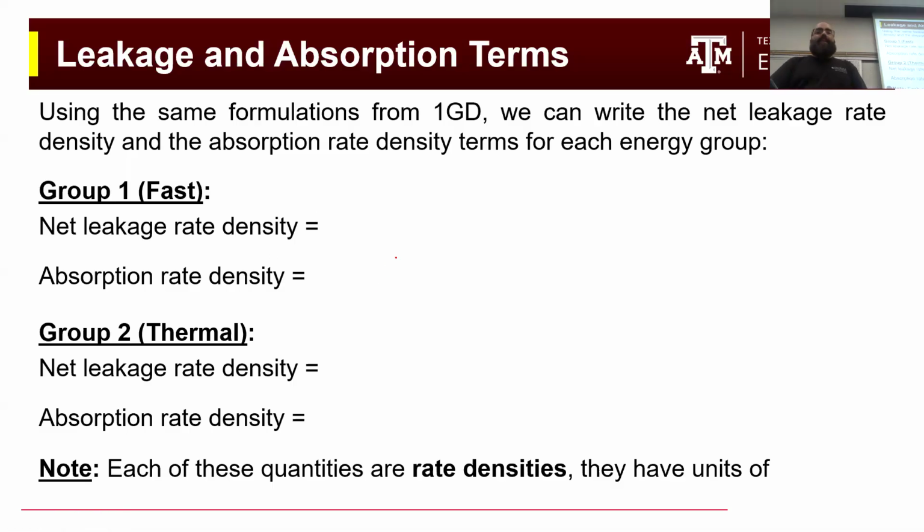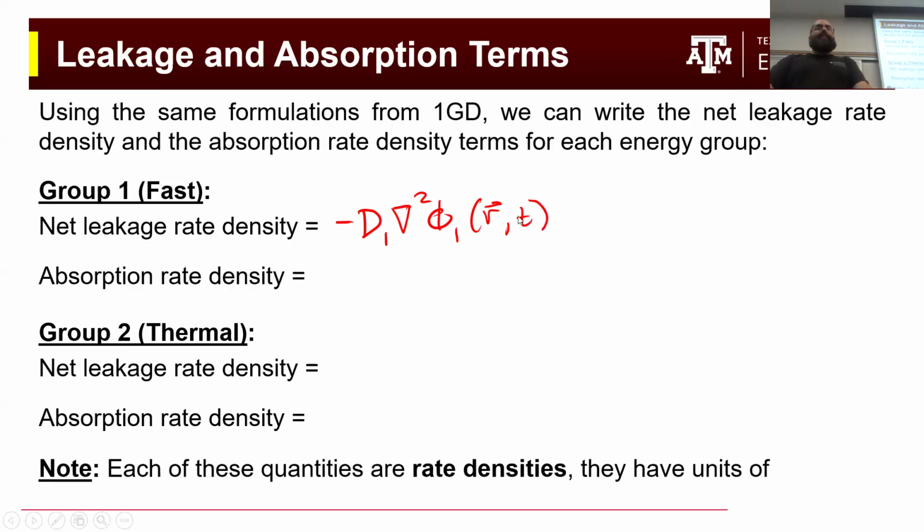The net leakage is going to look just like the net leakage term in our one group diffusion equation: minus the diffusion coefficient, and because we're doing this for the fast group, a subscript 1 to remind me that this is the diffusion coefficient for group 1, times the Laplacian of the flux also for group 1 neutrons, and that flux can vary with position and with time.